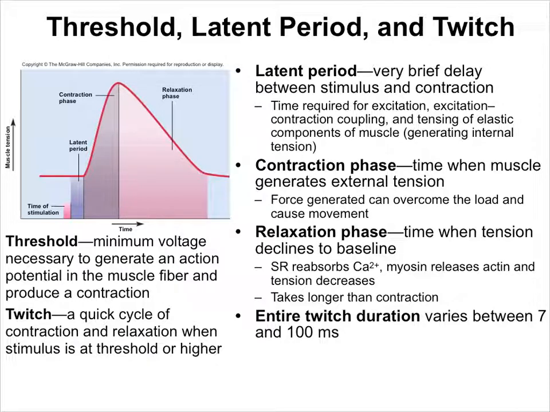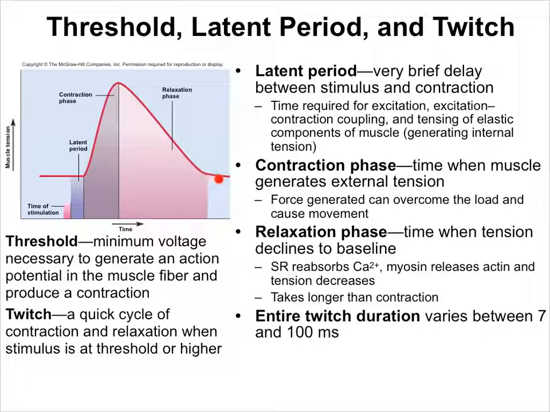At this point, we're assuming that the muscle is only stimulated once. It goes through a contraction phase where it's shortening. This is the time period in which the calcium is out of the sarcoplasmic reticulum. And then you have the relaxation phase.